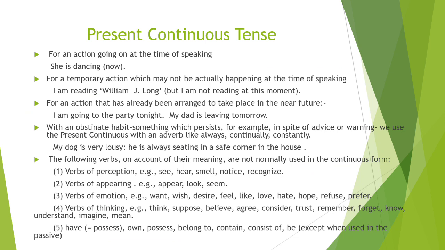The next very important rule is that whenever we talk about verbs which show perception, meaning related to our senses, like see, hear, smell, notice, recognize, when we use these verbs in the sense of perception, always remember that we'll be using simple present tense, not present continuous tense. When you say I see you, or I will see you, that is right, but if I say I am seeing you, that gives another meaning, that I'm dating you.